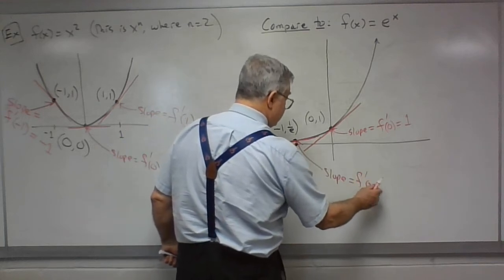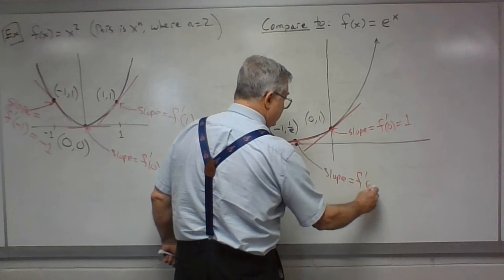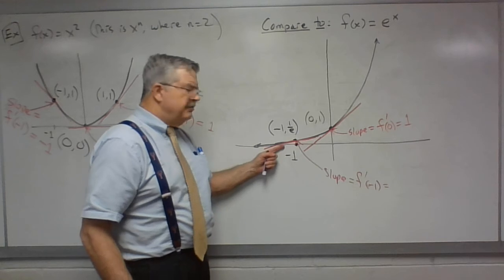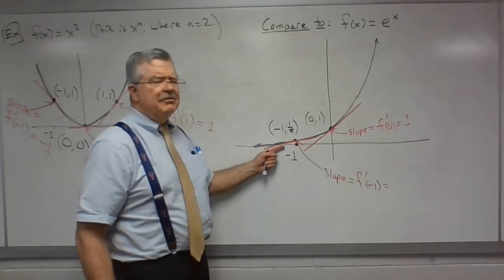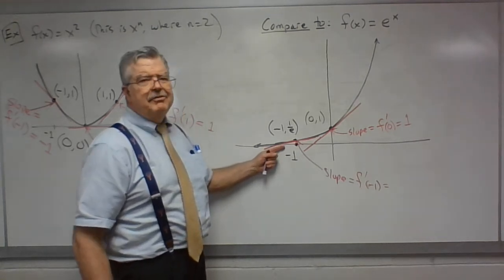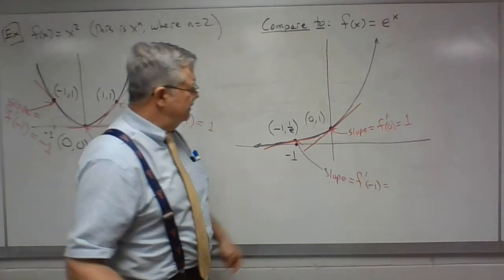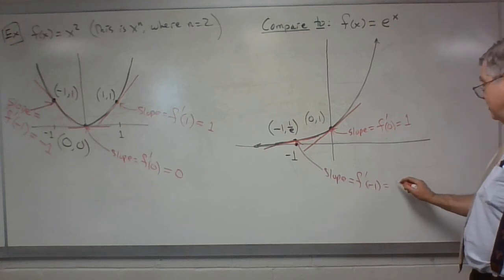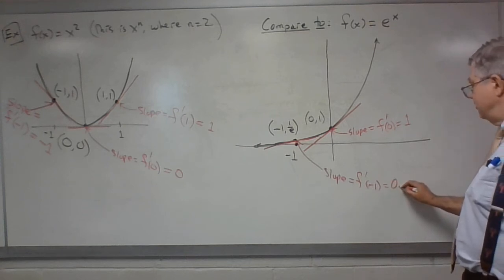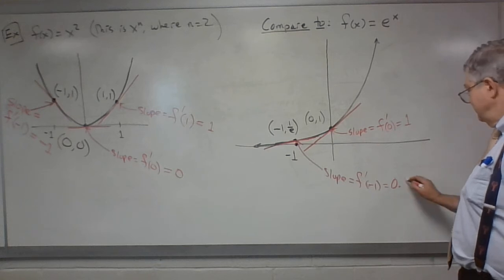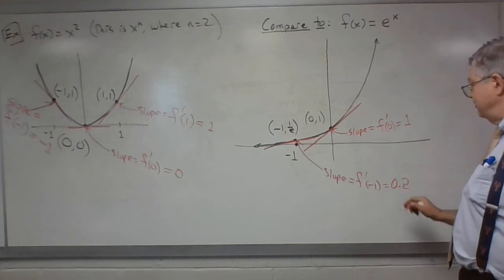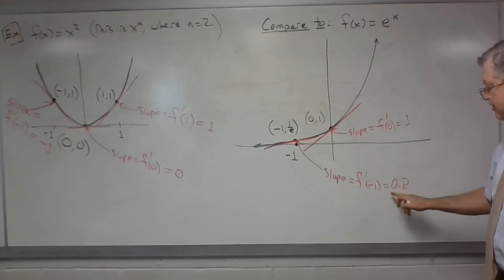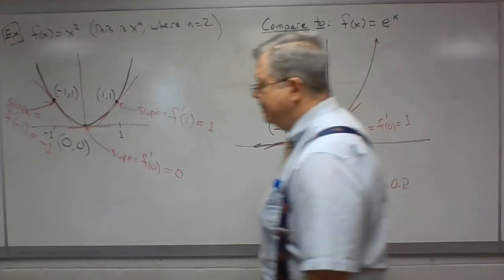The slope is the derivative evaluated at -1. And the slope is positive, but it's very small. I'm estimating that it's maybe about 1/5, something like that. So let's say positive 0.2. So here the slope is positive but small.